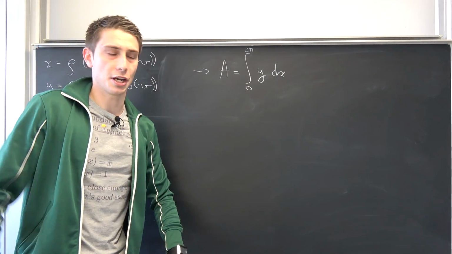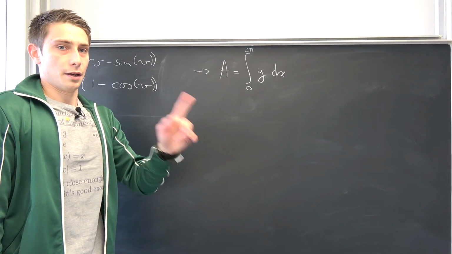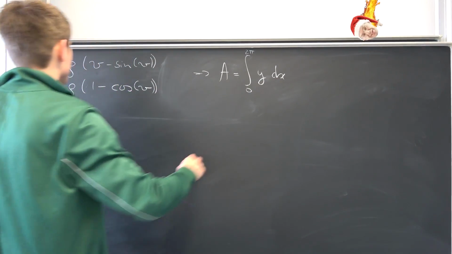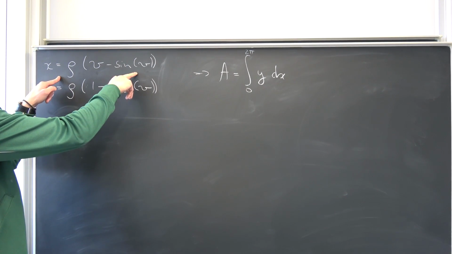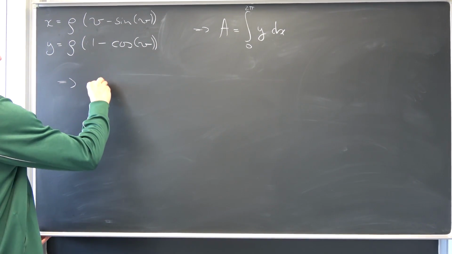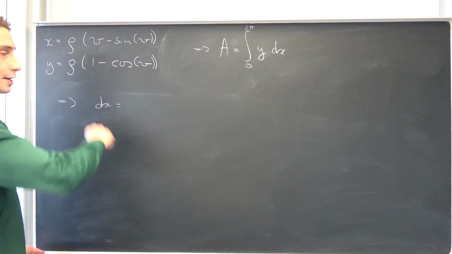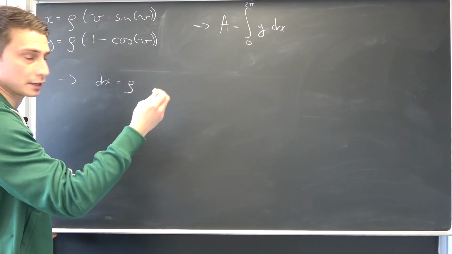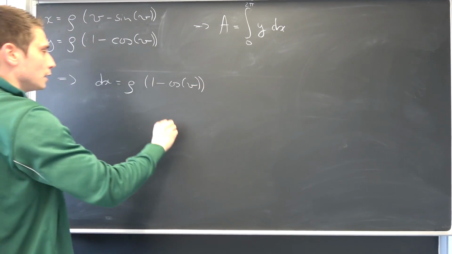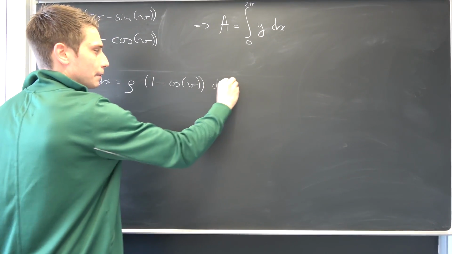That's the idea of an integral. Now I would like to introduce a little substitution, because we know what x actually is. x is nothing but this right here. If we differentiate this with respect to theta, then this is nothing but, we have calculated this before, rho times 1 minus the cosine of theta, d theta.